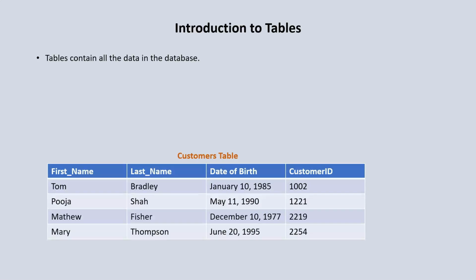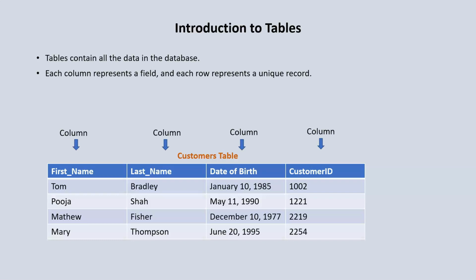Let's take a look at this customers table. Each column represents a field and each row represents a unique record. We have the first name column, last name column, the date of birth column, and the customer ID column. Now, each row is a unique record.